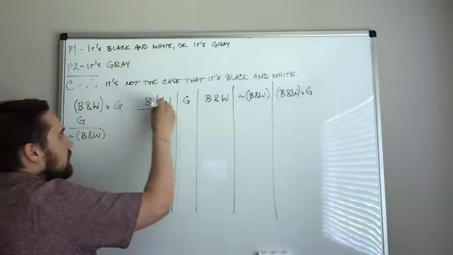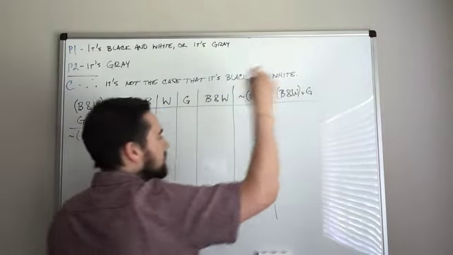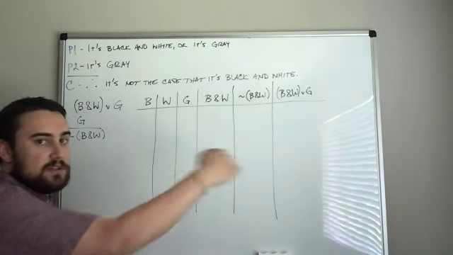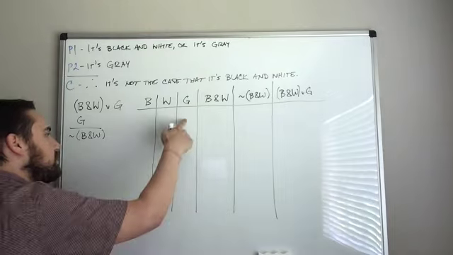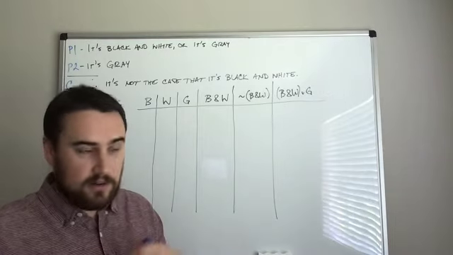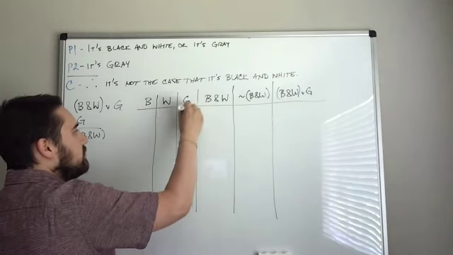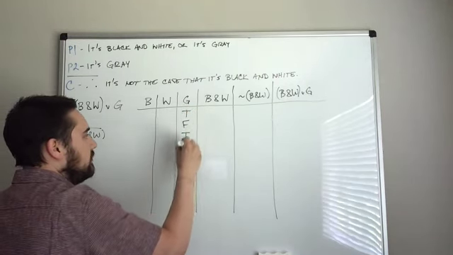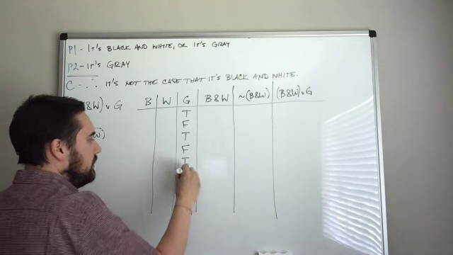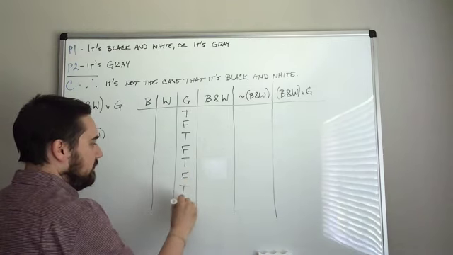As always, we are starting with the rightmost atomic sentence, and we're going to go down alternating one by one. True, false, true, false, true, false, true, false.